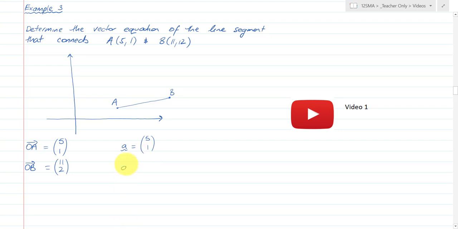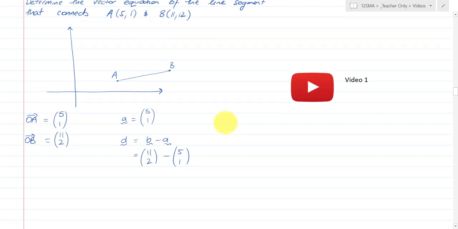So what I can do is determine D, and you recall earlier that D could be written as B minus A. So I'm going to do that as B minus A as well. It has a nice little result which I'll show you in a second. (11, 2) minus (5, 1). And so that means that my D value is going to be (6, 1).